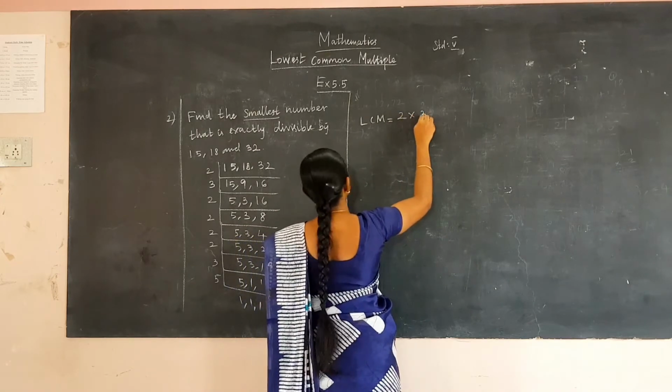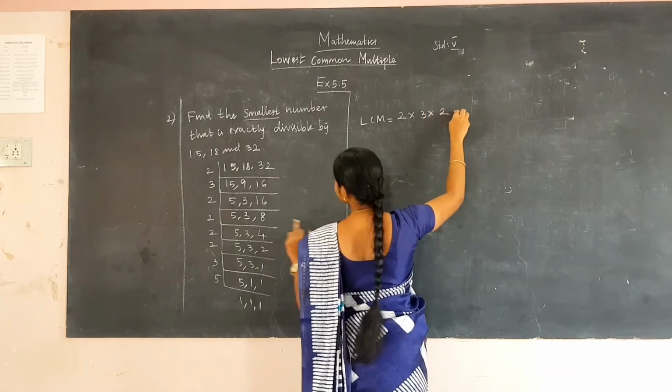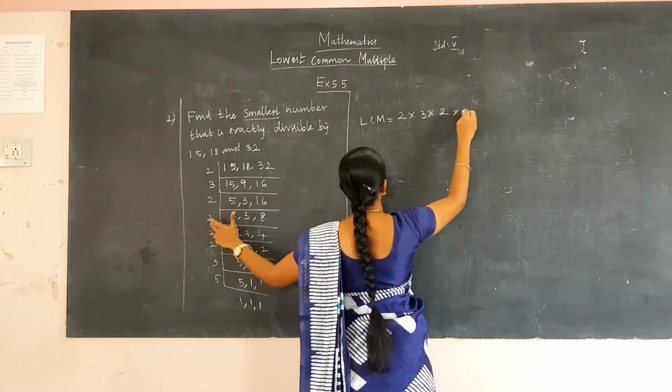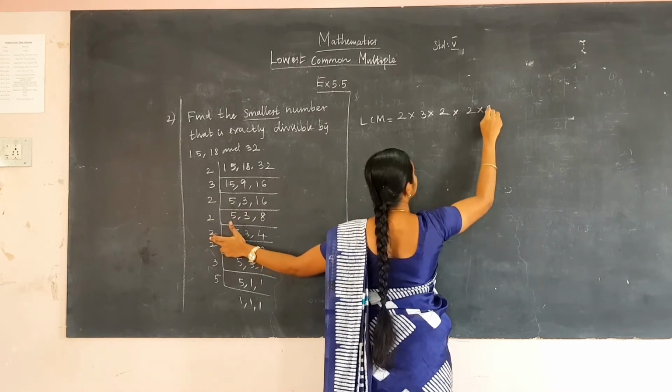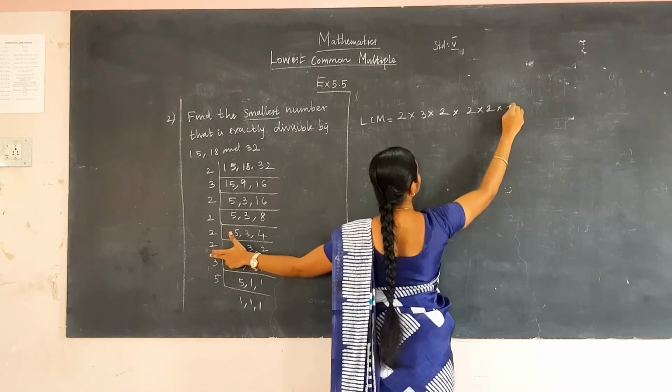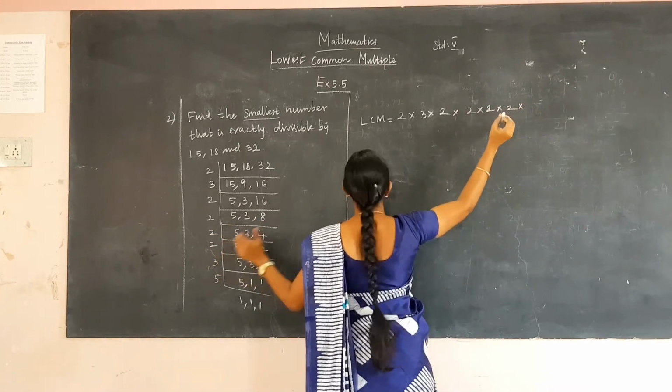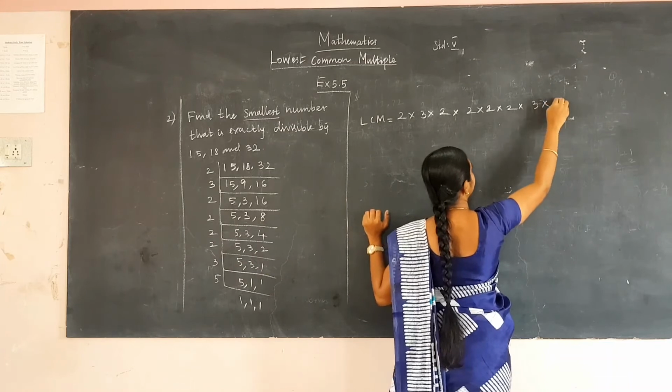So the LCM is 2 into 3 into 2 into 2 into 2 into 2 into 3 into 5.